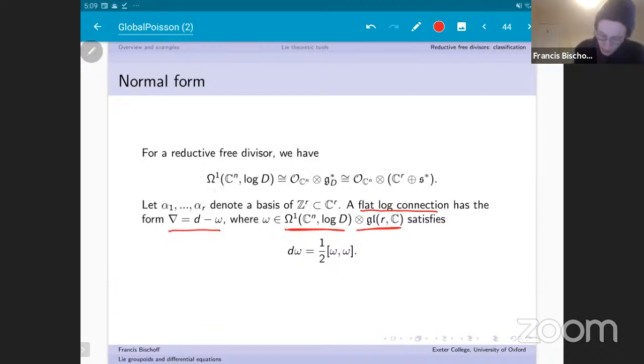And we can make this identification that these logarithmic one forms are equivalent to functions valued in the dual to the Lie algebra, and this decomposes into the central part and the semi-simple part. And I'm going to pick a basis of one forms corresponding to a basis of Z to the R.